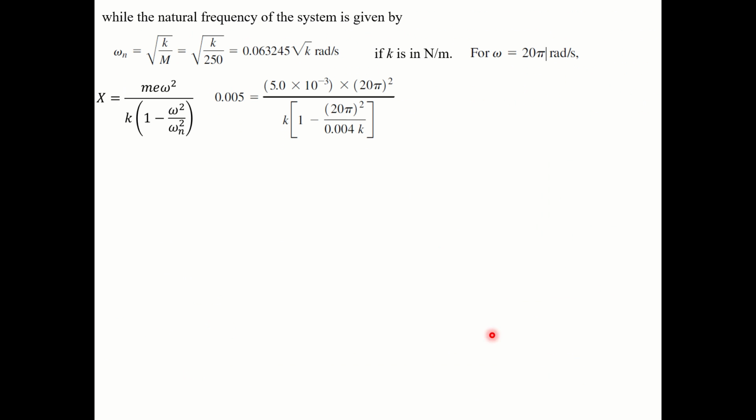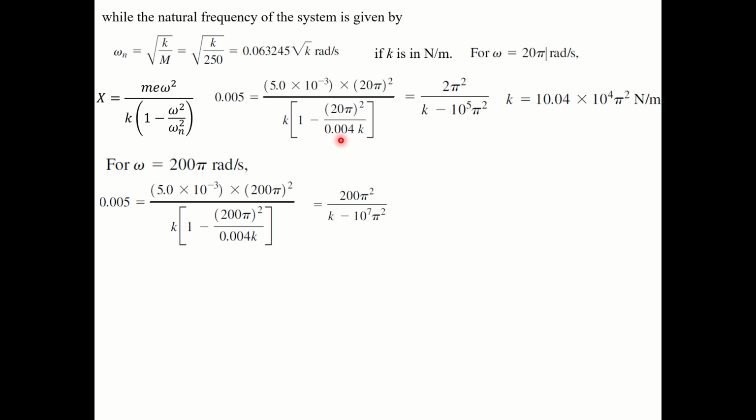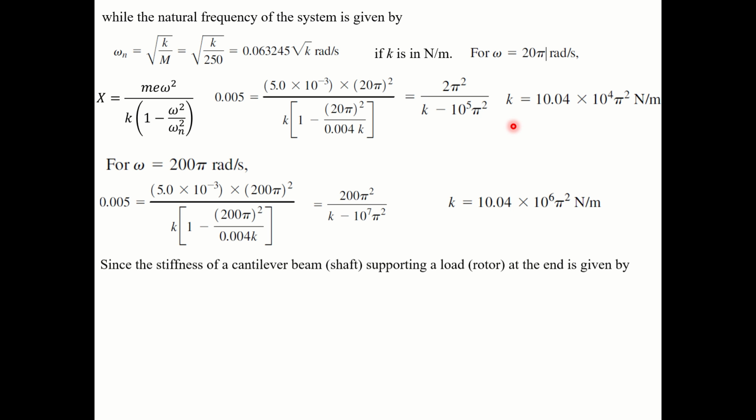There are two omegas, omega minimum and omega maximum. Find out two responses in terms of K. Once you find out two K's, whichever is the least, you consider that for determining the shaft diameter.